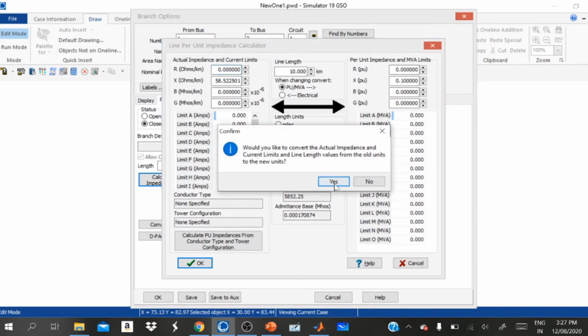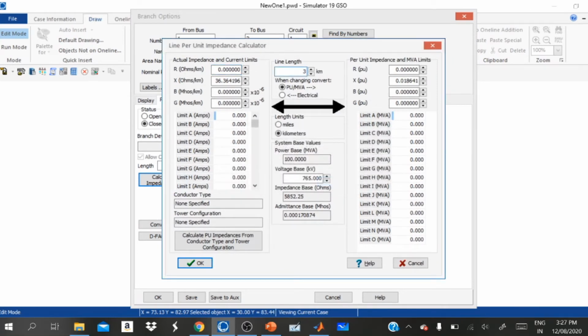Here the length is 300 kilometer. The resistance of the transmission line is 0.0165 ohms per kilometer, reactance 0.3306 ohms per kilometer, and shunt susceptance 4.674 times 10 to the power of minus 6, and the base voltage is 765 kilovolt.